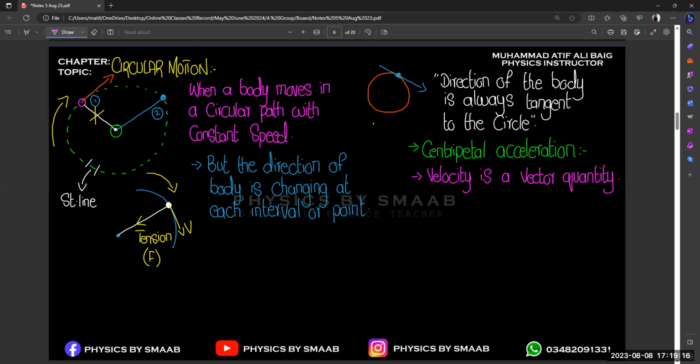So due to the change in direction of the body in a circular path, centripetal acceleration will be produced.